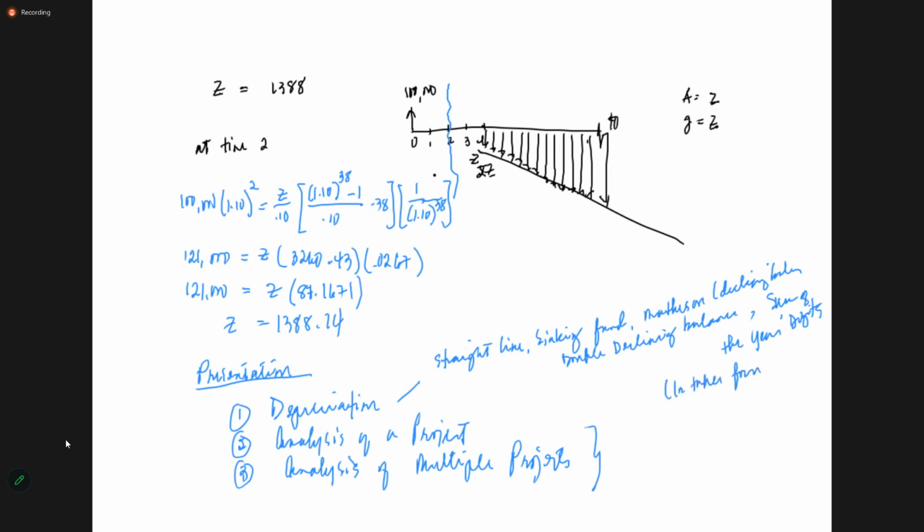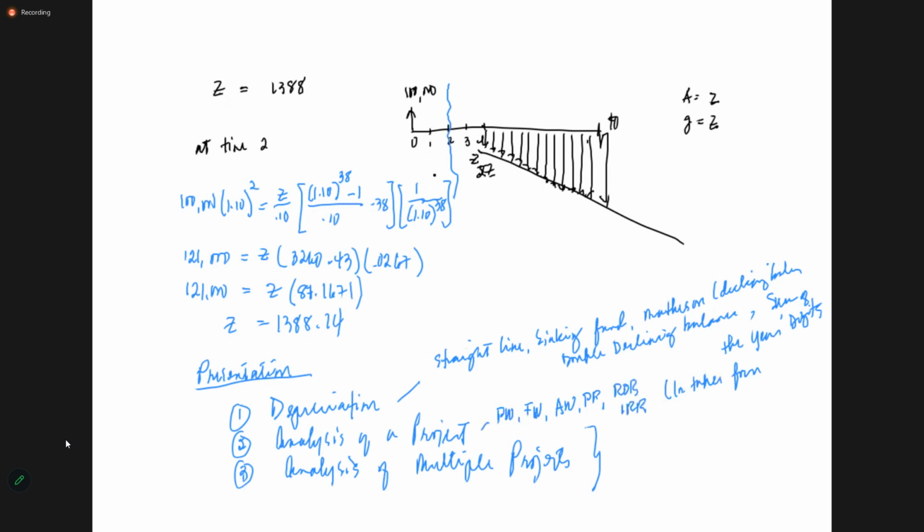For the analysis of a project, kahit po magbigay lang ng 2 example, kailangan po natin dito yung present worth, future worth, annual worth, payback period, at saka ROR and IRR.